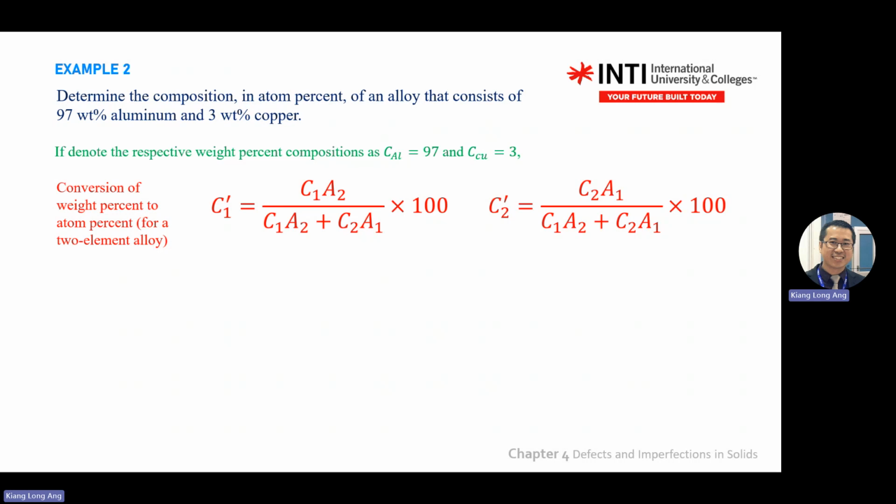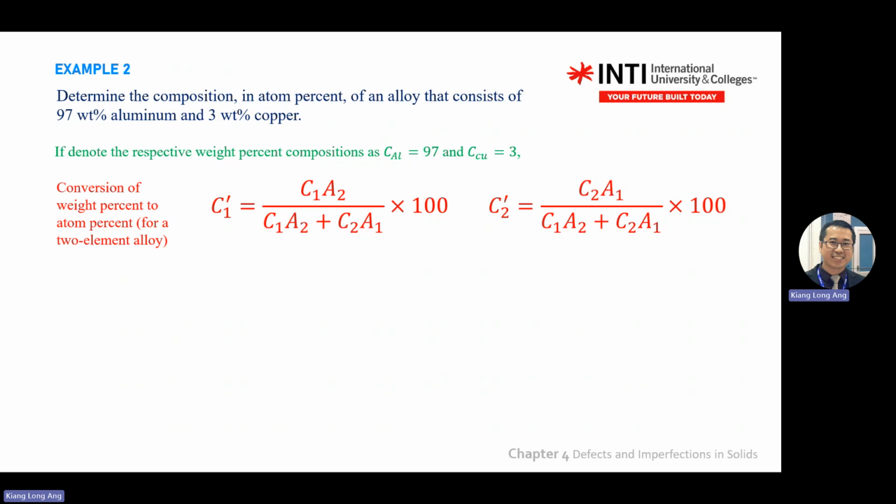Slow way. The next steps, once you write this one, you need to act clever. How to act clever? Assume you have 100 grams. Or you can 1 kilo also can if you want. But normally I recommend 100 grams.